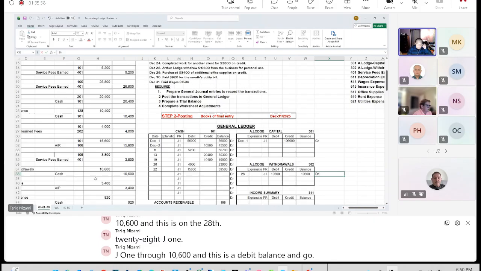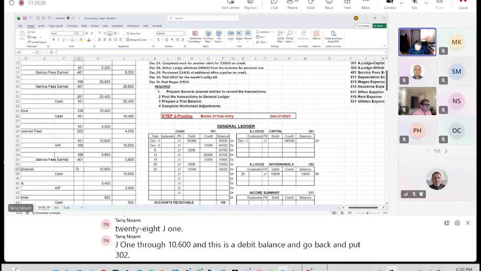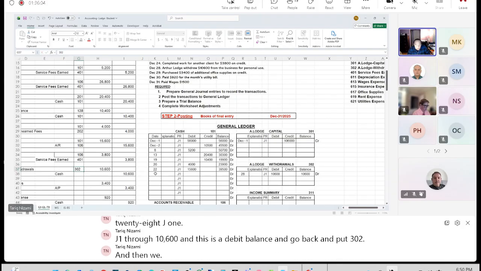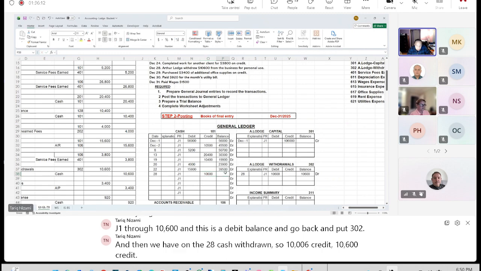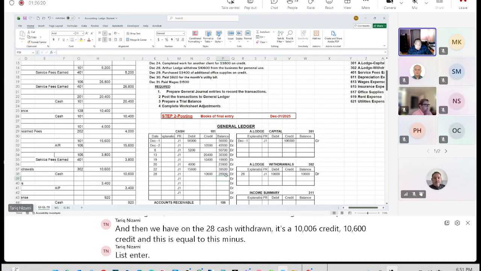And go back and put 302. And then we have on the 28th cash withdrawn. So 10,600 credit. And this is equal to this minus this, enter. And go back and put 101.